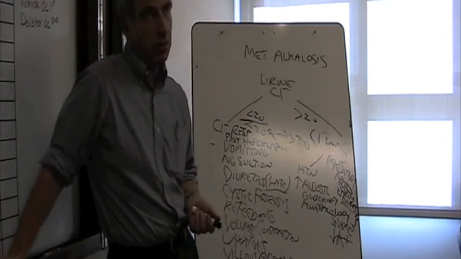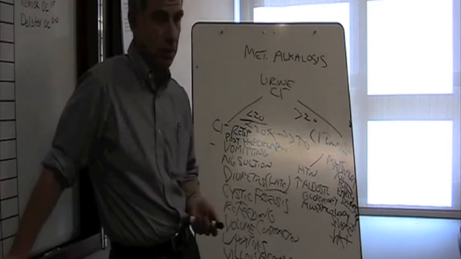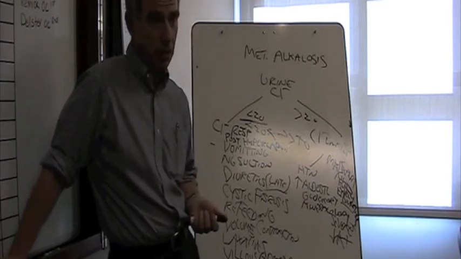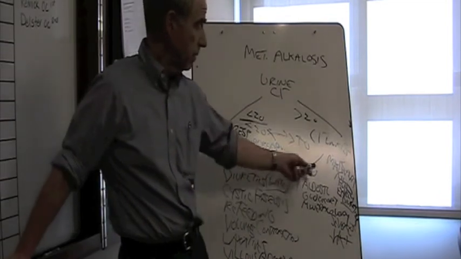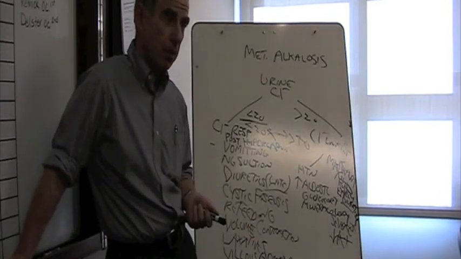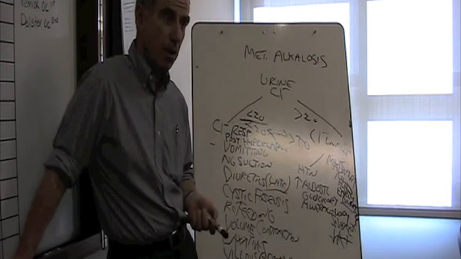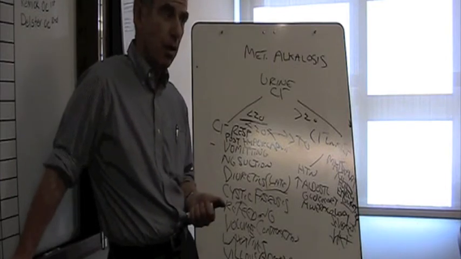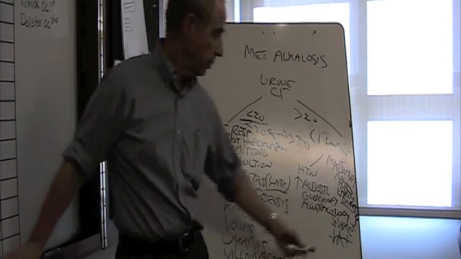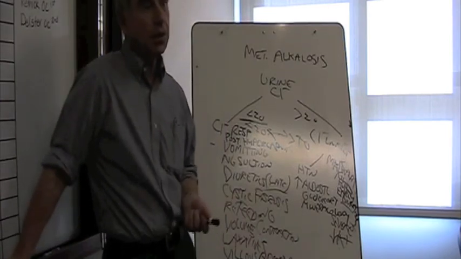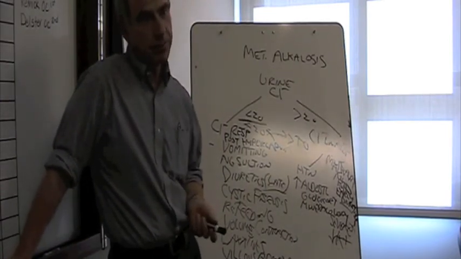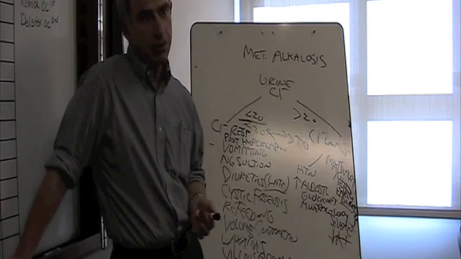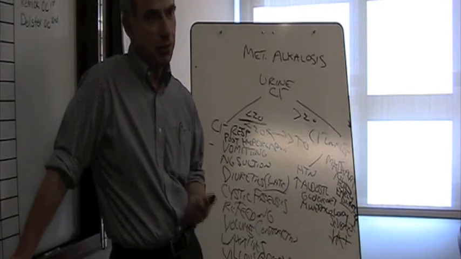If you take somebody with chloride unresponsive metabolic alkalosis, you can give them all the saline and potassium chloride you want in the world, except maybe this person who needs potassium, and it's not going to correct. You can just keep coming in day after day, and nothing will get better.